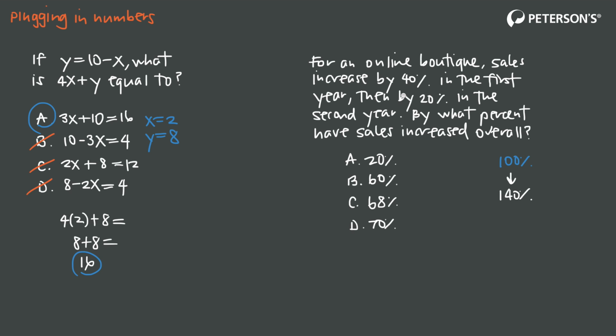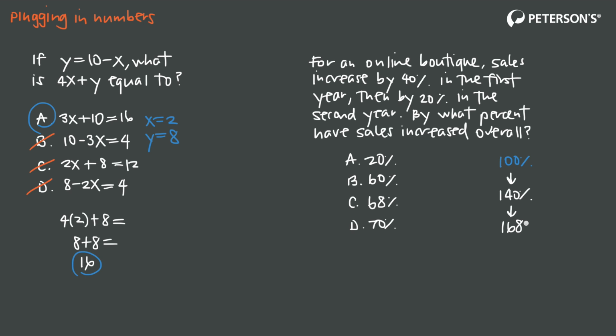Then in the second year, sales increase by 20%. Here, we're starting with 140% at the end of the first year. So we need to now find 20% of 140. Well, 10% of 140 is 14. So 20% has to be 28, or we could have just done 0.2 times 140, and we get 28. So 140 plus 28 is 168.